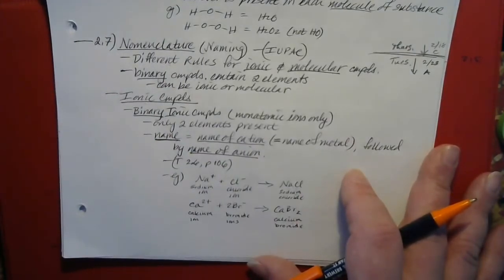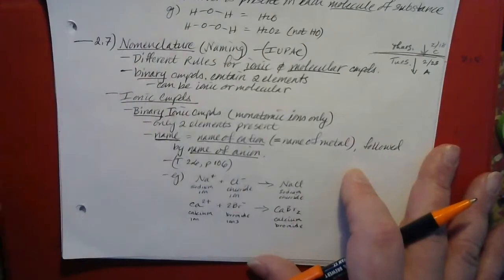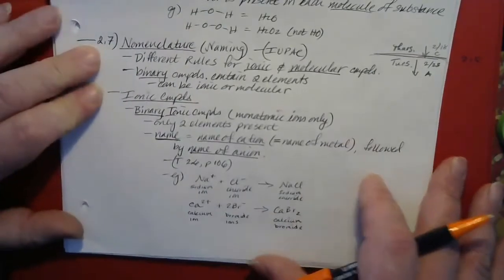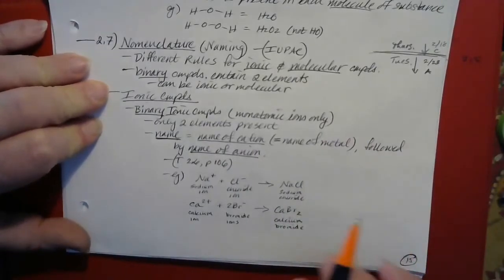Molecular or covalently bonded compounds are compounds that are made up entirely of nonmetals and no polyatomic ions are present. And they form by sharing electrons.